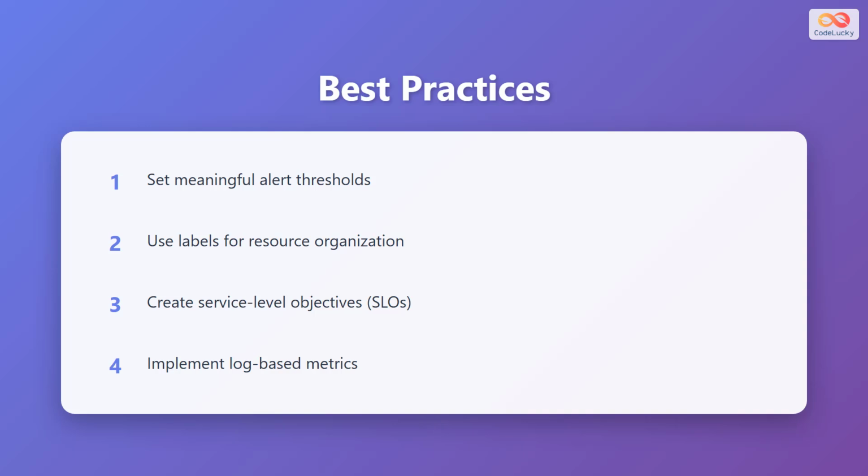Third, create service-level objectives, or SLOs, which define measurable targets for service reliability and performance. SLOs help you balance reliability with the pace of innovation. Fourth, implement log-based metrics to extract quantitative data from your logs. This technique is powerful for tracking application-specific events that might not be available as standard metrics. By following these practices, you'll build a robust monitoring foundation that scales with your cloud infrastructure.